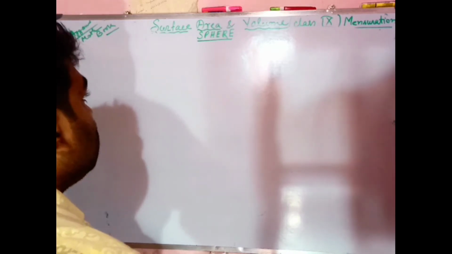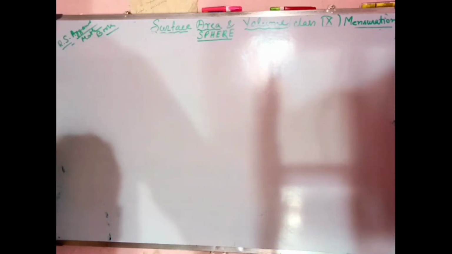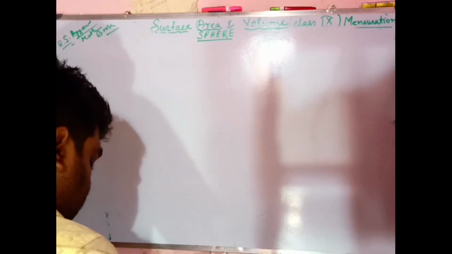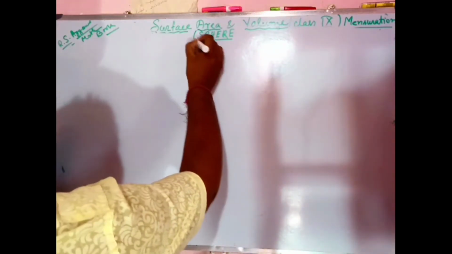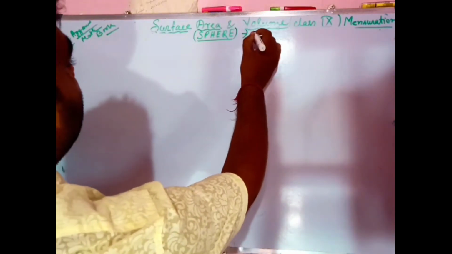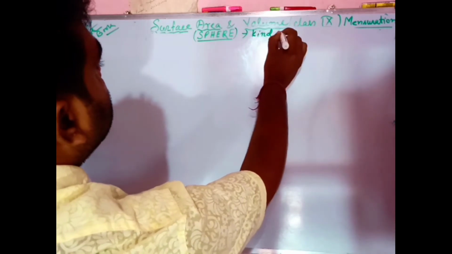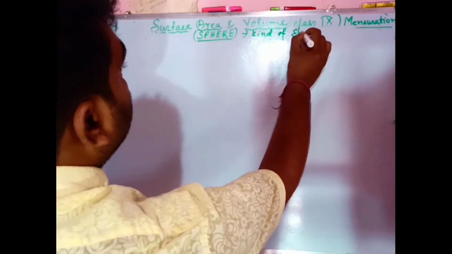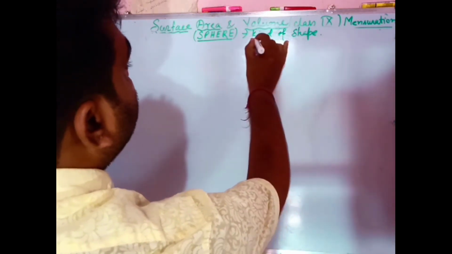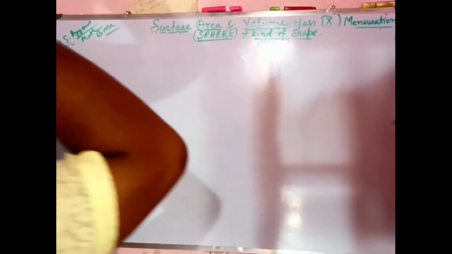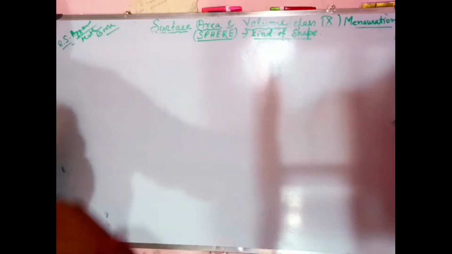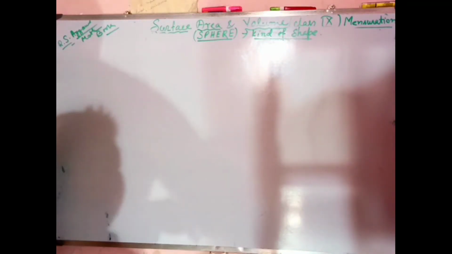Now we know about volleyball, football, throw ball, etc. Those are spheres. A sphere is a kind of shape. The names that I have already told you are the shape of a sphere.